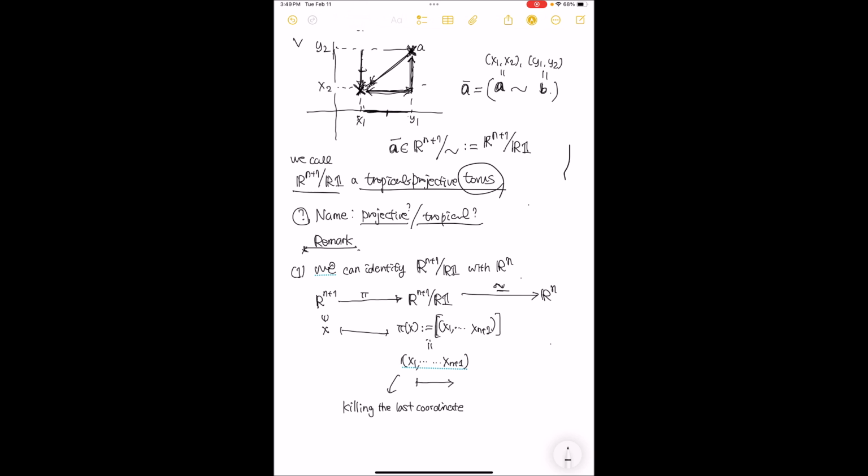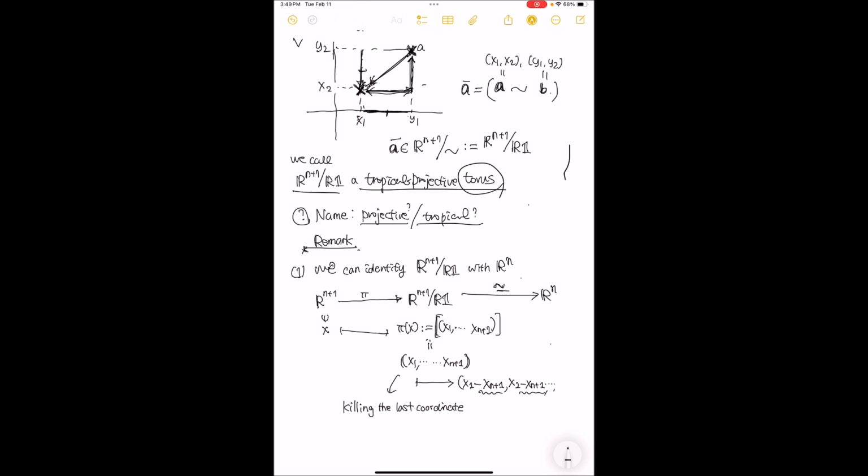Precisely, if we take a representation, we define the map like this: x1 minus xn plus 1, x2 minus xn plus 1, and so on. That part is fixed.